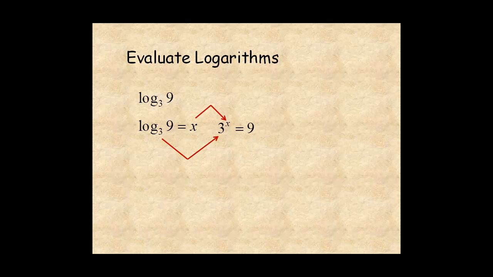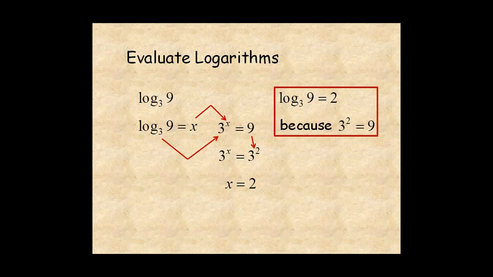You can see that 9 equals 3 to the power of 2, and the exponent, or log, is equal to 2. So the answer is log base 3 of 9 is equal to 2 because 3 to the power of 2 is equal to 9. Writing a because statement helps you avoid making mistakes, since it makes you think about the meaning of the answer.